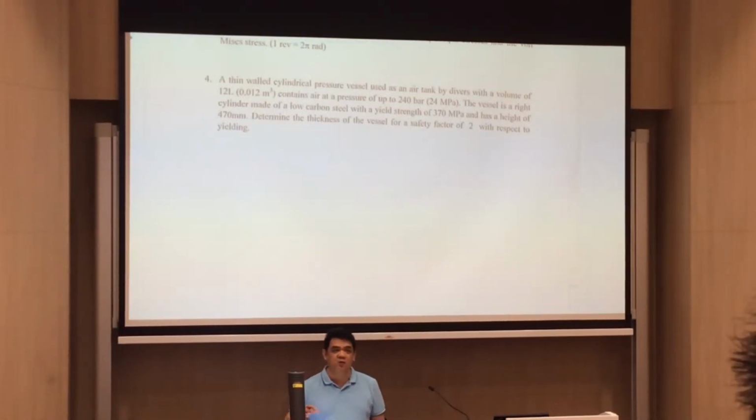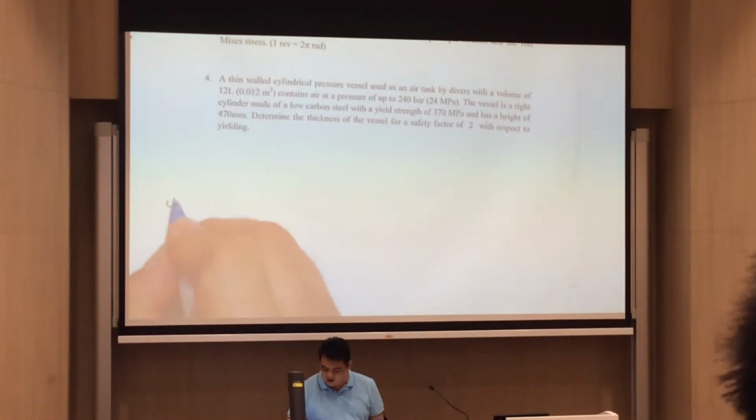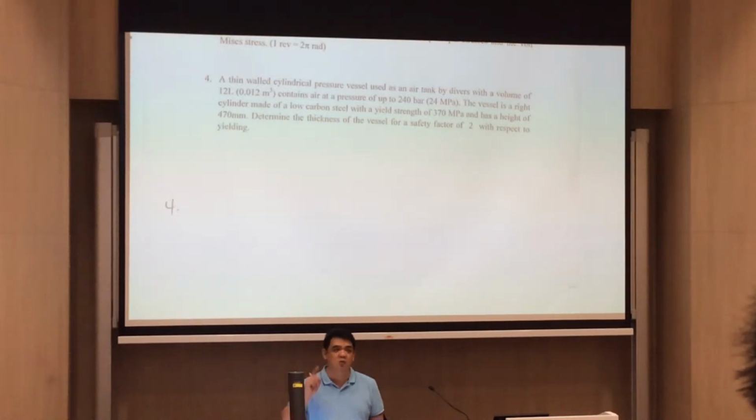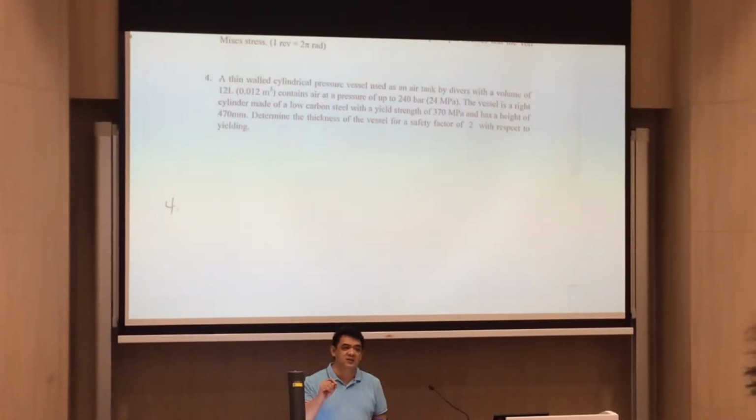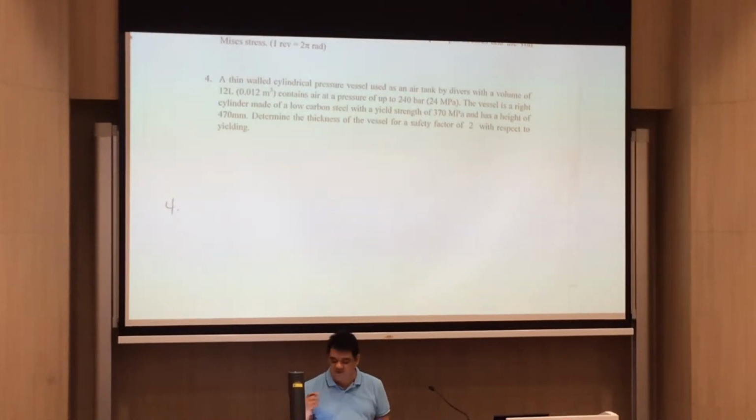If I wanted to write first my equation here, I have now my working stress, or my design strength, which is equal to the yield strength divided by the safety factor.